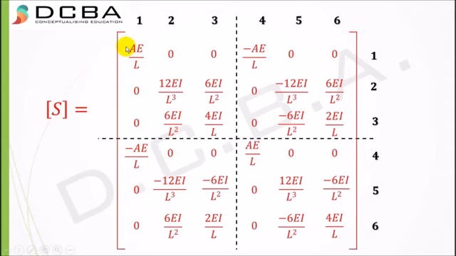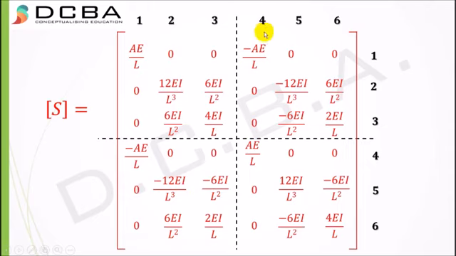That is, if this was plus AE by L, this will be minus AE by L. If this was plus 2 EI by L cube, this is minus 2 EI by L cube, plus 6 EI by L square, minus 6 EI by L square. Which is very simple. First you write these 9, then write these 9, then change the sign of the fourth and fifth row. And now you have three columns with you.